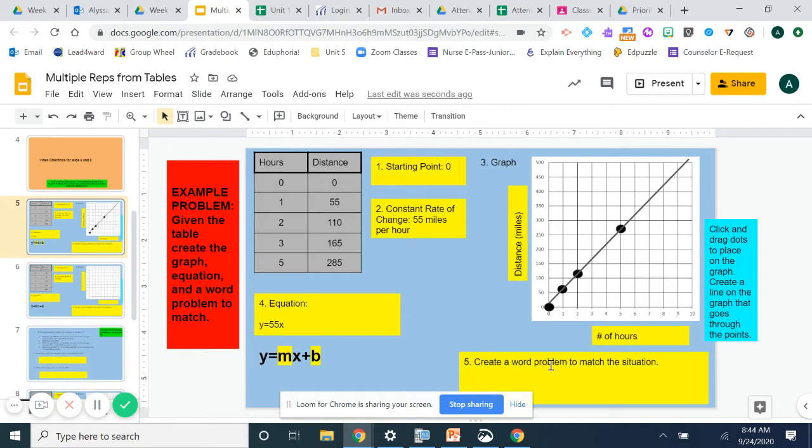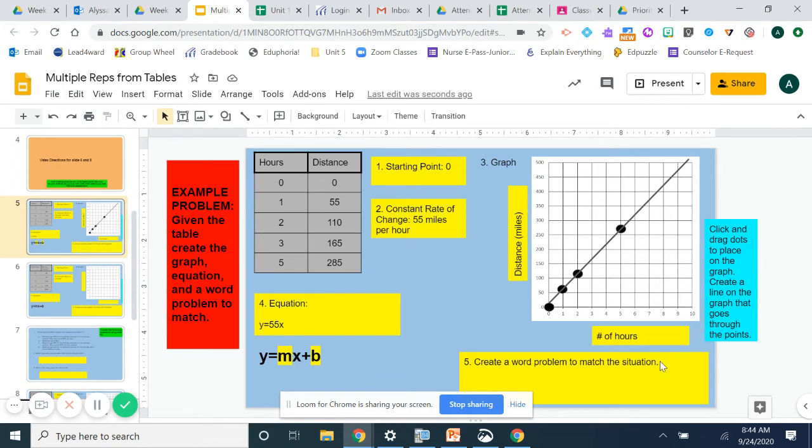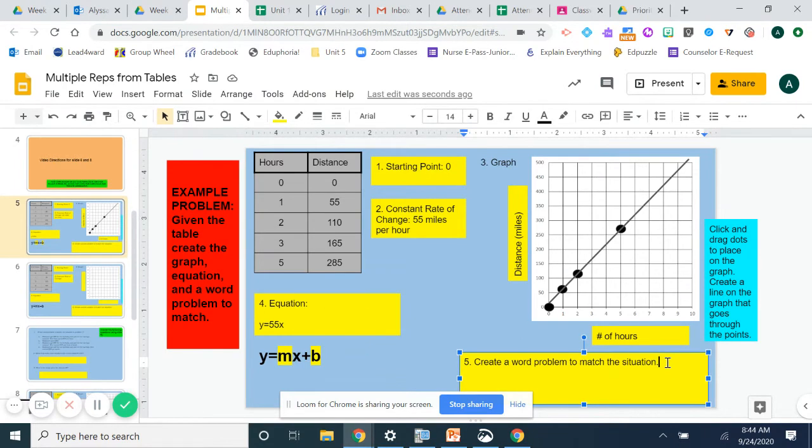Now I need to create a word problem that matches what's happening in my table, my graph, and my equation. This is just a made-up word problem, and I've kind of already been talking about it. This person is driving, whoever the person is, right? They're driving 55 miles per hour, and this is where they started.